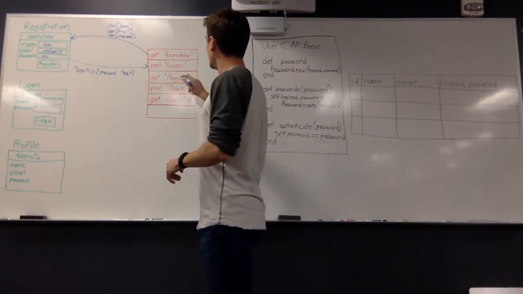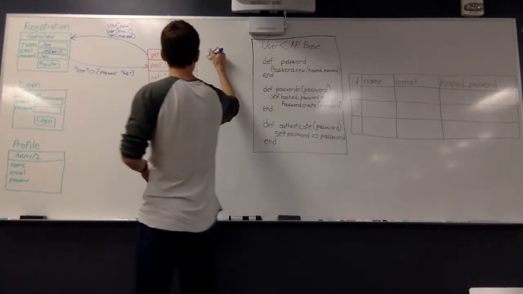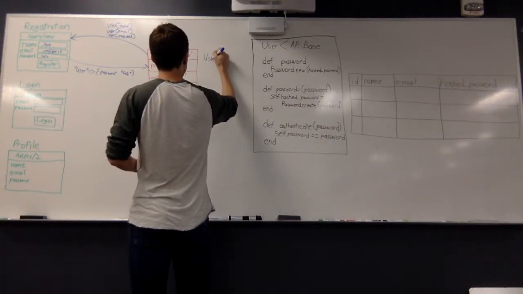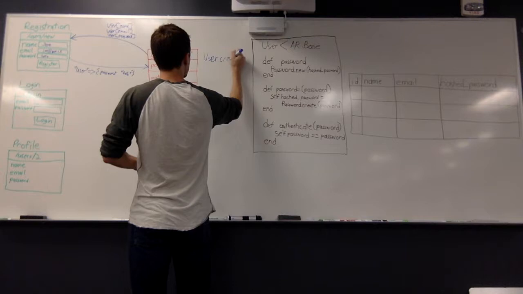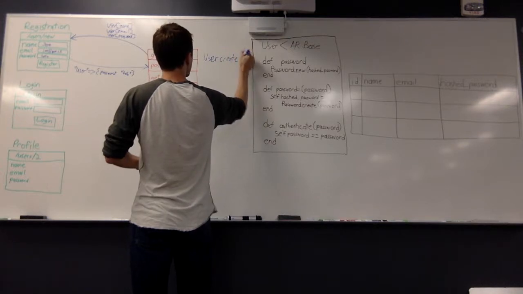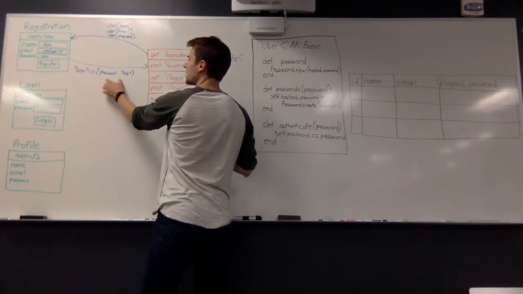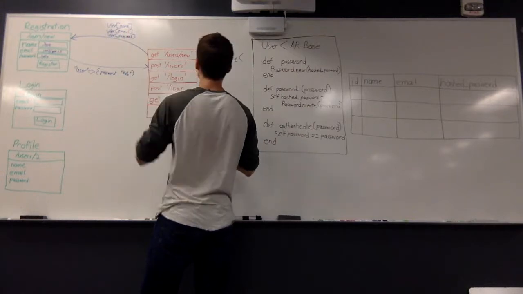So when we call in here something like user.create, we pass it in the user hash, which contains password, name, and email.